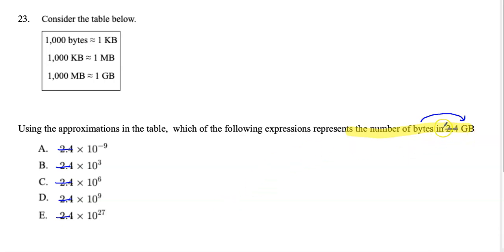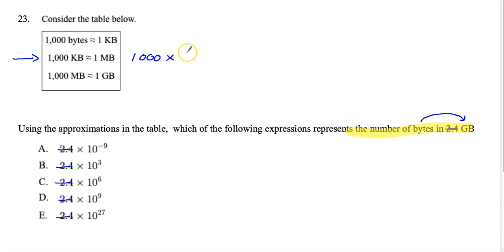And again, I can get rid of that 2.4 because it's in every answer choice. If there was one answer choice that didn't have the 2.4, then I couldn't drop this off. So the first thing I'm going to do is look at this piece right here, where it says 1,000 kilobytes is approximately 1 megabyte.